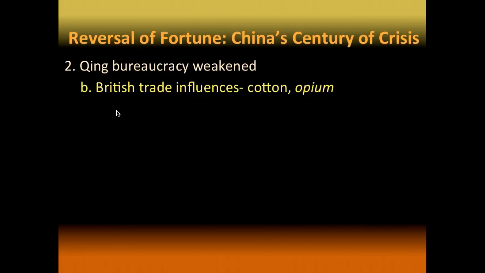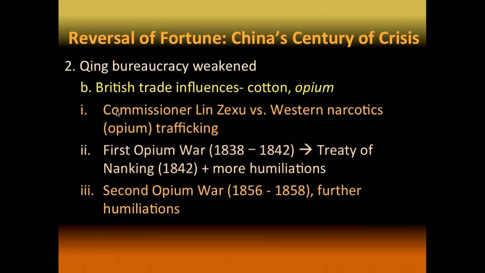The Qing bureaucracy was weakened, and because of the trade influences of cotton and opium, due to the dramatic increase in Western, primarily British opium sales in China, from around 1,150-pound chests in 1773 to 23,000 chests in 1832, the Chinese government tried to take a firm hand against this illegal trade, because it was creating so many addicts and draining China of its silver supply.